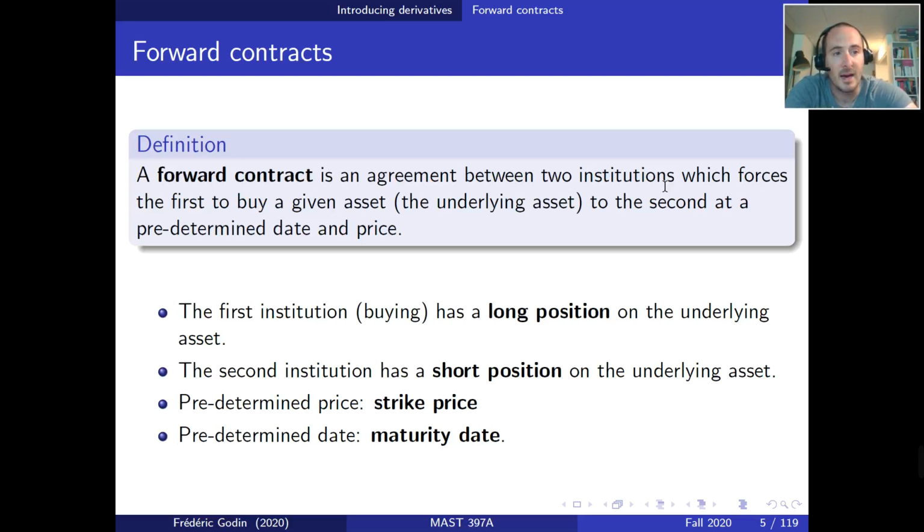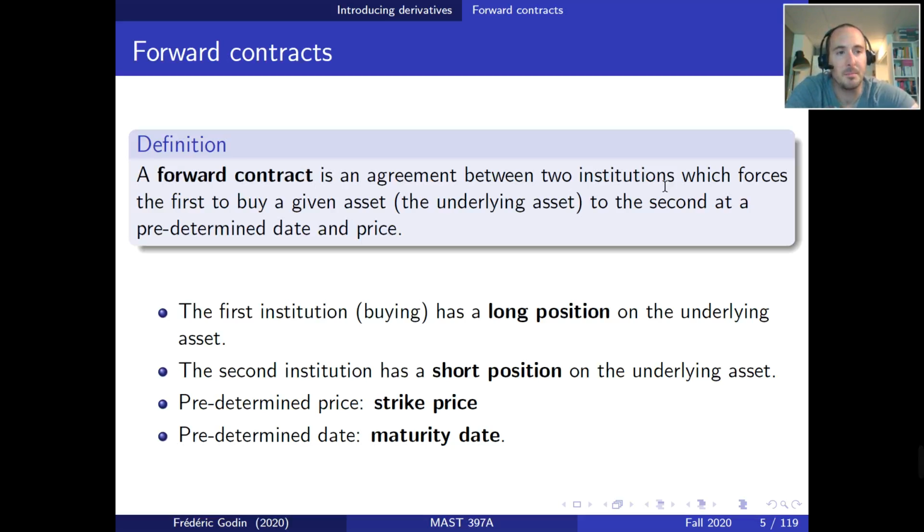The asset is called the underlying asset. The first institution, which is forced to buy the asset in the future, is said to have a long position on the underlying asset, whereas the second institution, which will be forced to sell the asset in the future, has a short position on the asset.